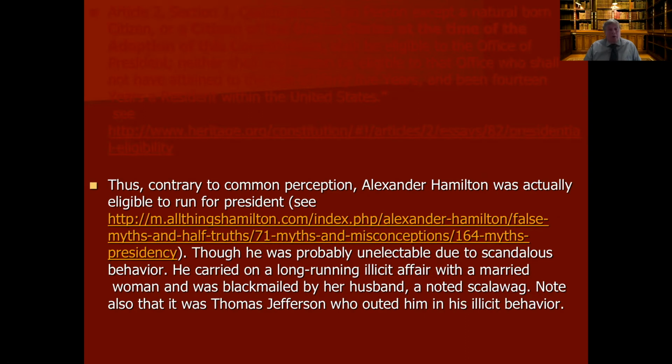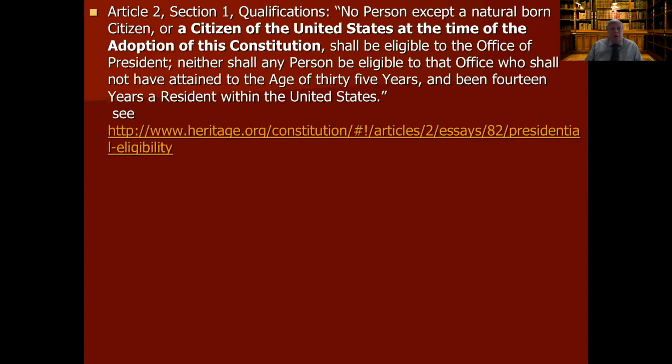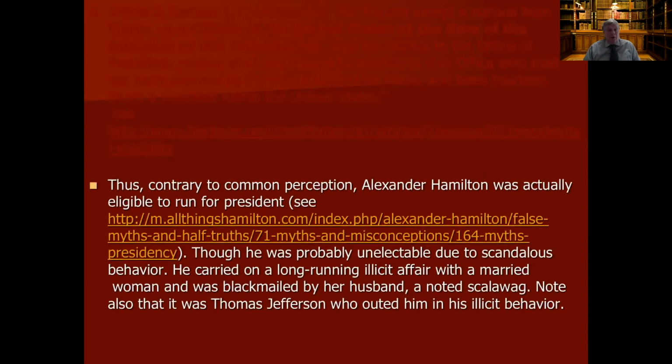Nevertheless, he was eligible to run for president because he had been a resident of the United States for 14 years, and also because he had been a citizen of the United States at the time of the adoption of this Constitution. In fact, he was very influential in the adoption of the Constitution. So Hamilton was eligible to run for president, even though he hadn't been born in the United States.